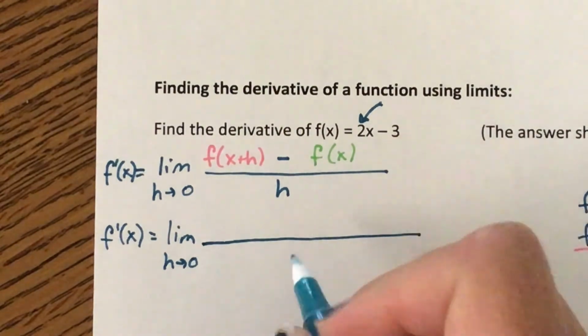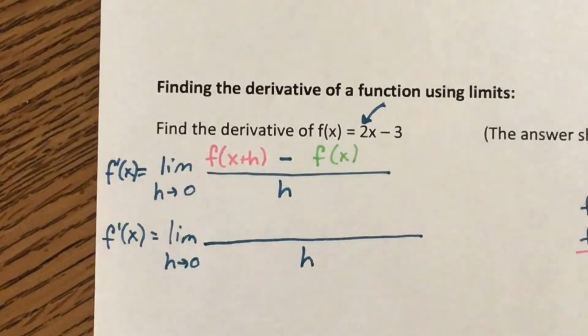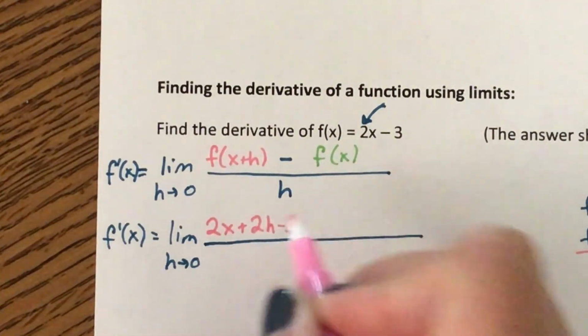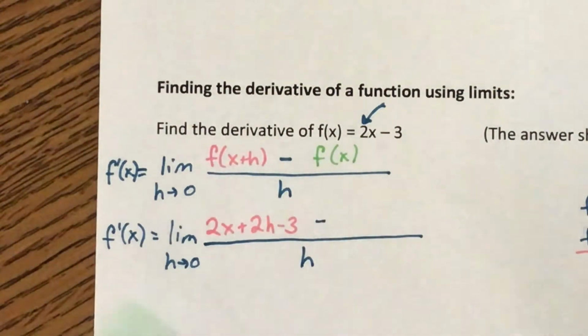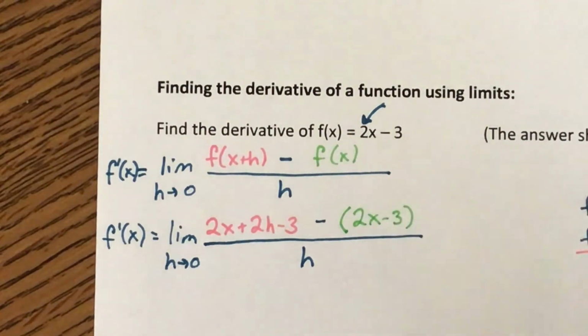Okay, so we know we're going to have an h on the bottom. f of x plus h was that pink bit that we did off to the side. It was 2x plus 2h minus 3. Then I'm going to put a minus. And then f of x is 2x minus 3. The parentheses are important because you are subtracting the whole function, not just the first piece.